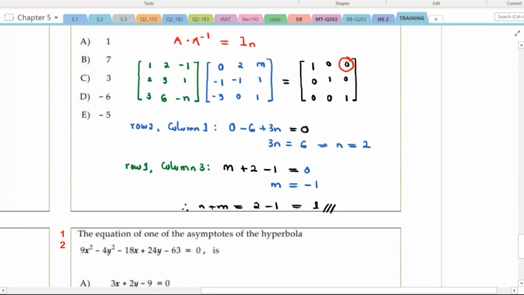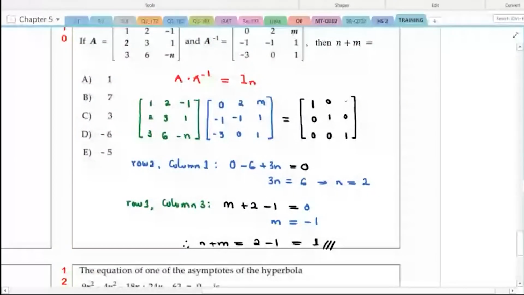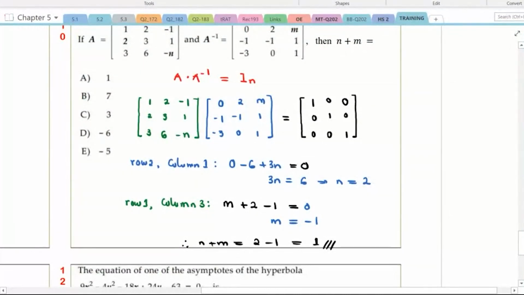Abdullah, your question. Yes, Doctor. Could we multiply the inverse of A with A rather than multiply A with the inverse of it? Yeah, it's the same story.